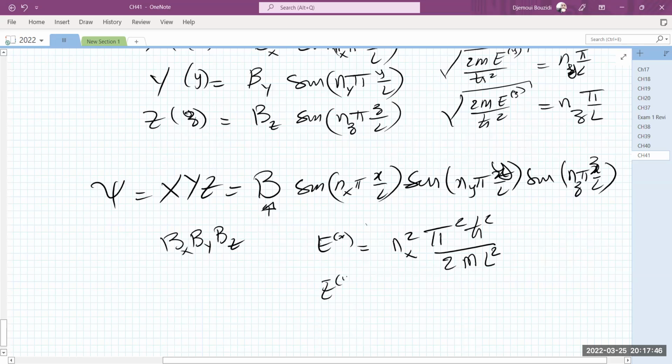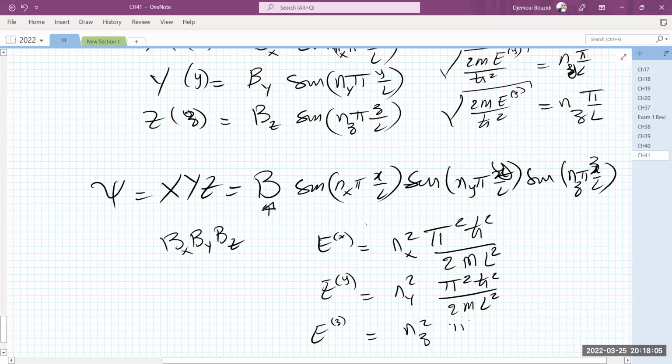The same thing is true for the other variables. So Ey is going to be ny squared, where these n's are all integers 1, 2, and so on and so forth, times pi squared h bar squared over 2mL squared. And finally, Ez is going to be nz squared times pi squared h bar squared over 2mL squared.